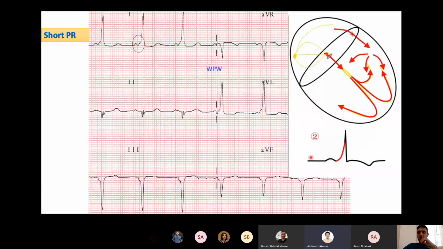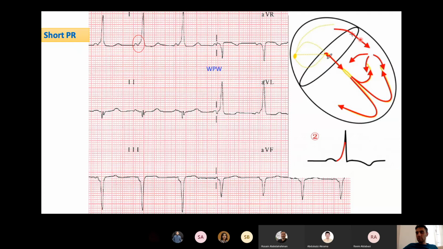So do you guys know why we have delta wave in WPW? What does this delta wave mean? Early activation of the ventricles bypassing the AV node. Good. So you have your sinus node here. Usually the electrical activation goes down to the AV node, right? Now you have an accessory pathway, which is like another AV node.